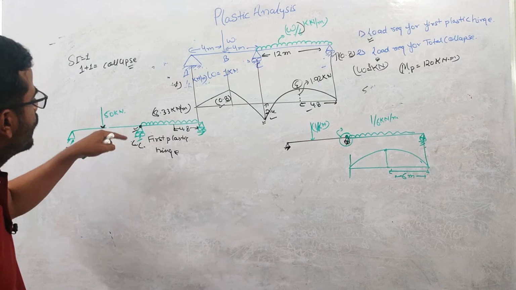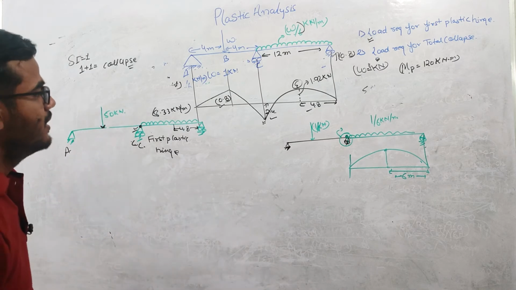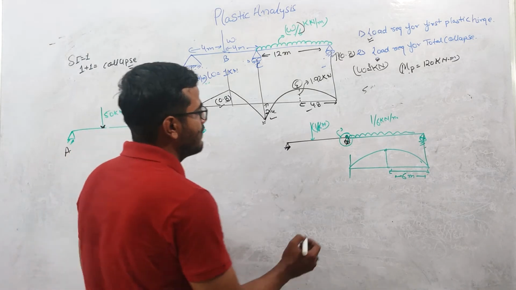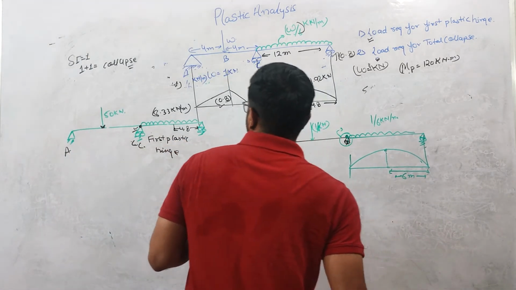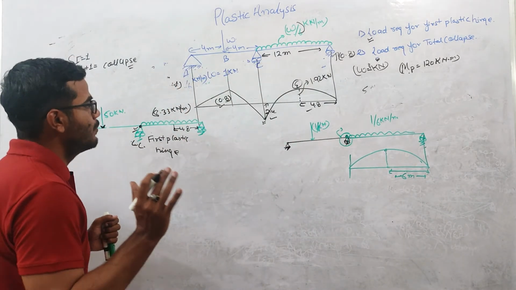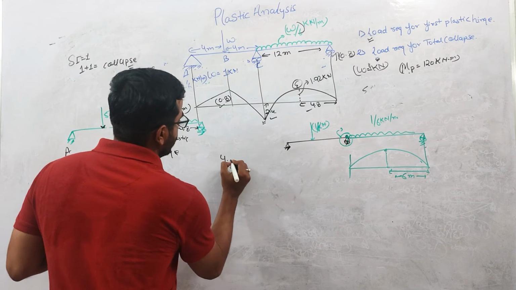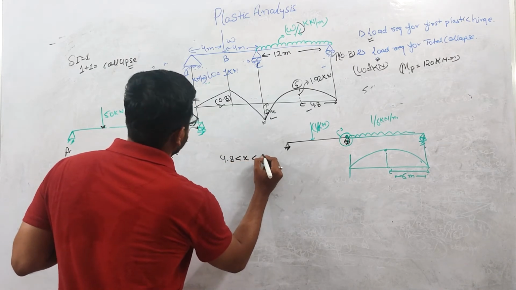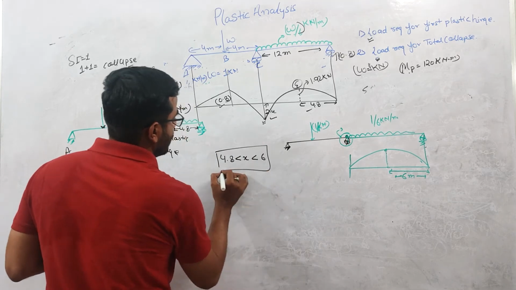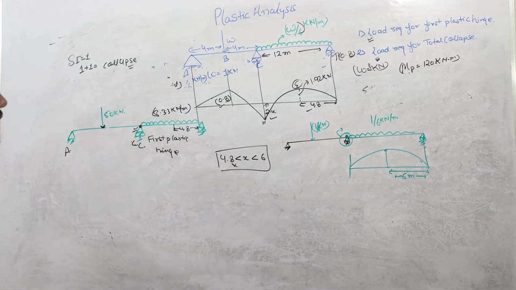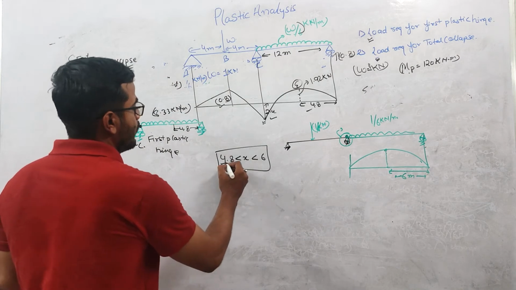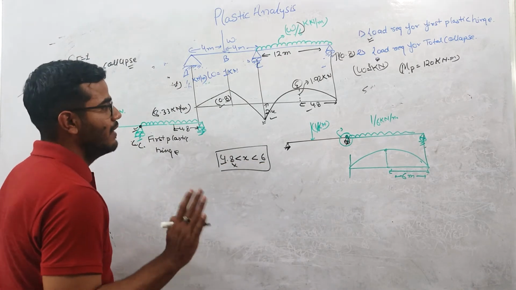Now when you are applying load after the formation of the first plastic hinge, the bending moment will come maximum at the center. Okay, so your critical position will always lie between 4.8 and 6 meter. This will always hold. Your critical position will always lie between these two points, right? Why this is happening, we have discussed.